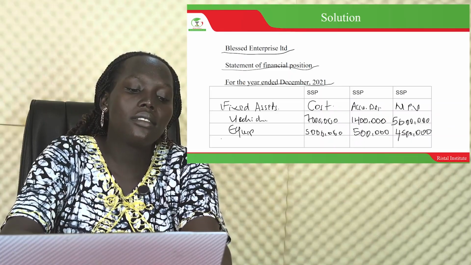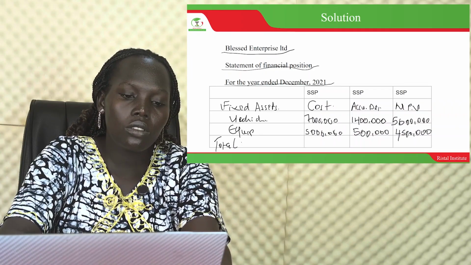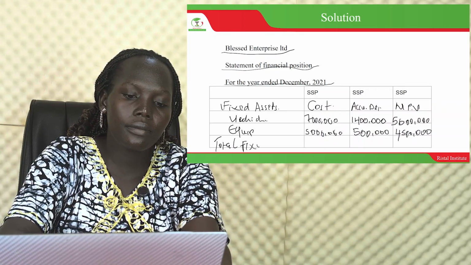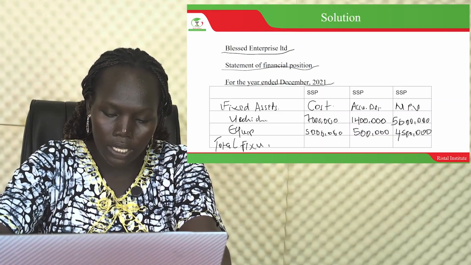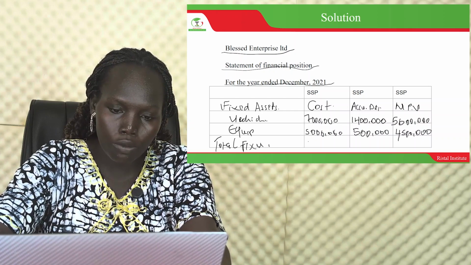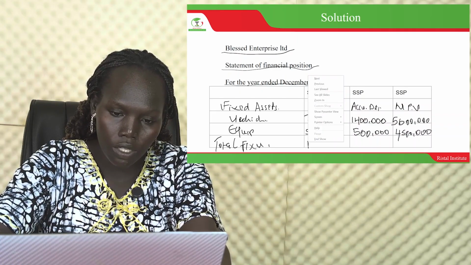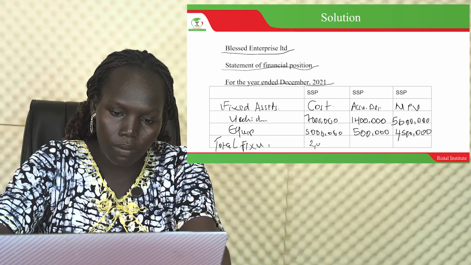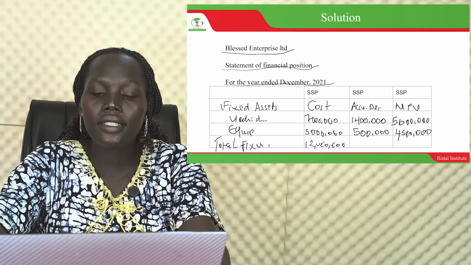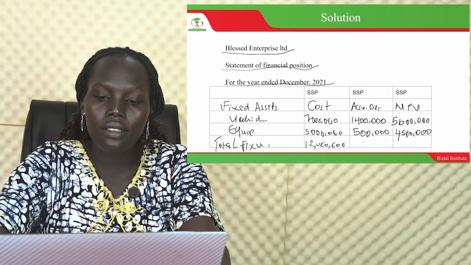So we get the total fixed asset. You get the total cost, which we shall get: you add 7 million plus 5 million, which you get 12 million. And then when you add the accumulative depreciation, 1,400,000 plus 500,000, you get 1,900,000.